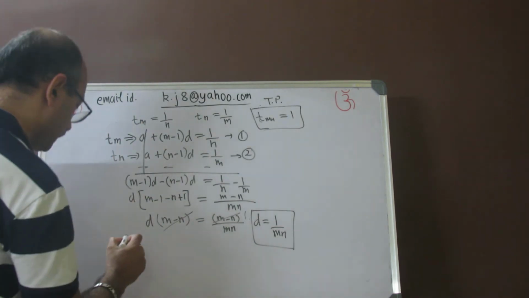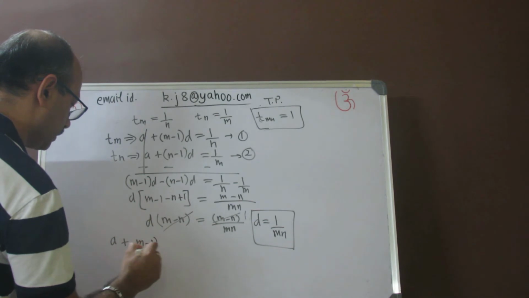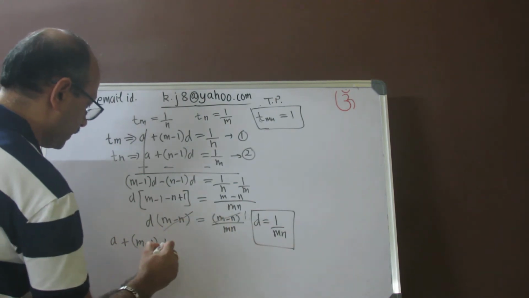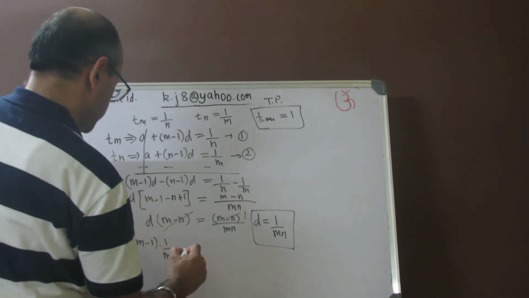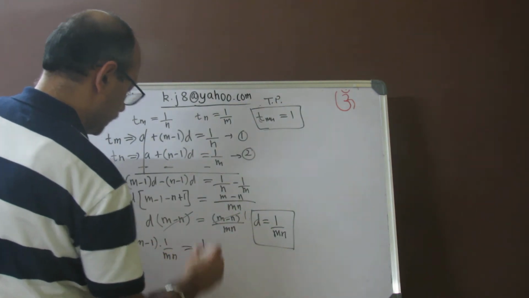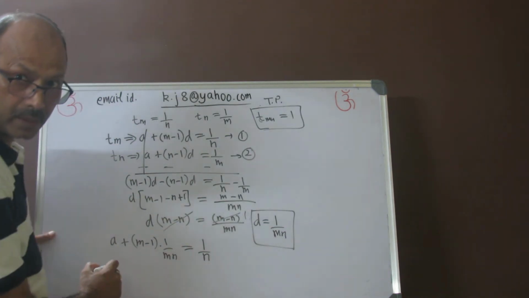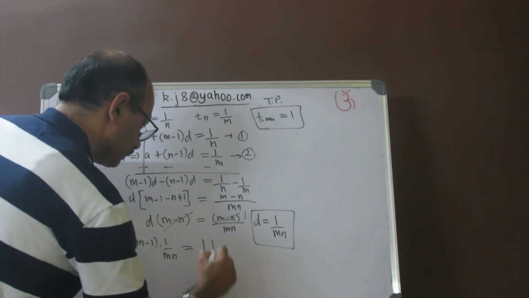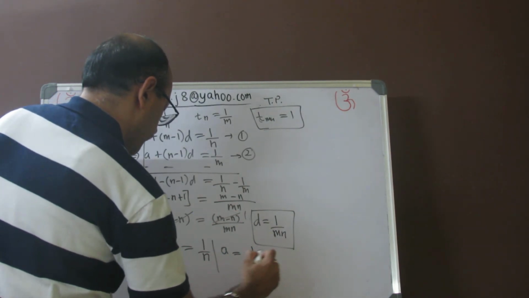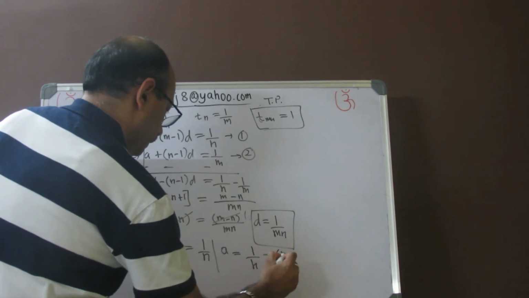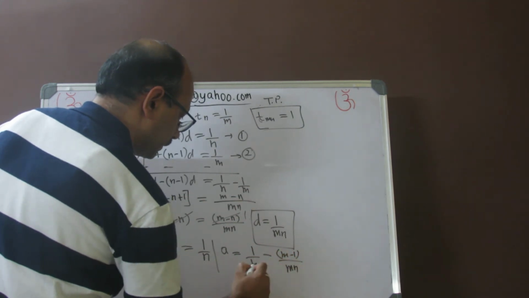Okay. Now put this value of d in, let us say, equation 1. So what will I get? I will get a plus (m minus 1), instead of d I will write 1 upon mn, equals 1 upon n. Okay. So a will be 1 by n minus (m minus 1) upon mn.